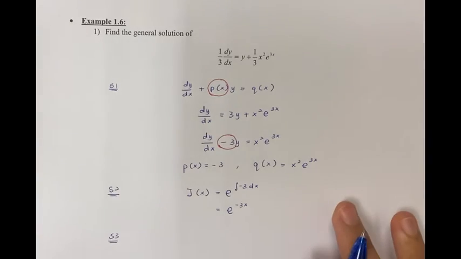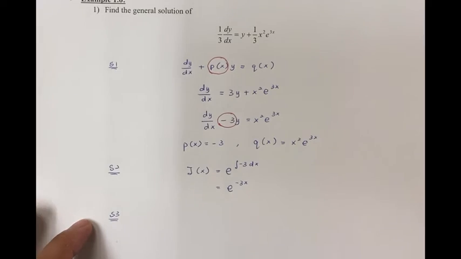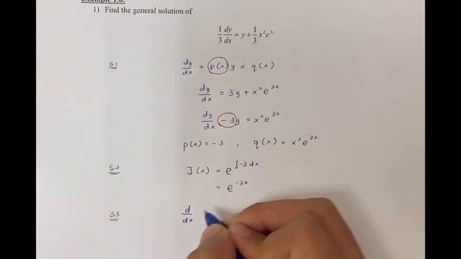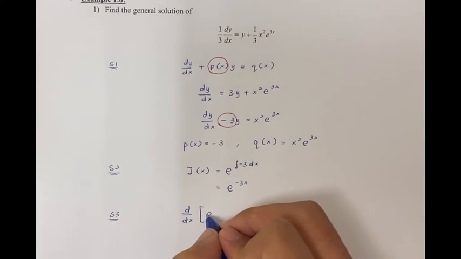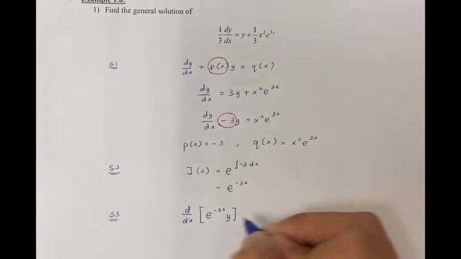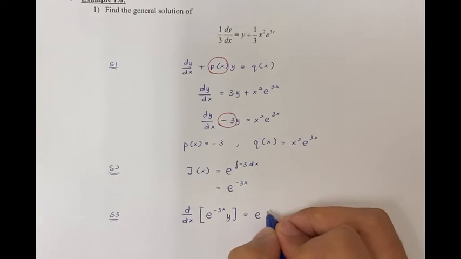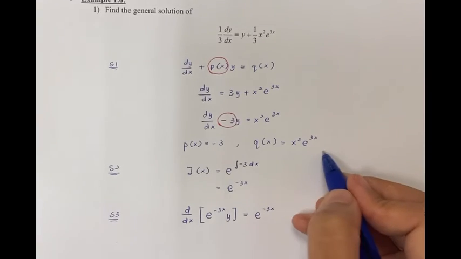So the third step, what you need to do is to just write d over dx and then substitute your integrating factor, exponent negative 3x. Do not forget your y, multiply by y, equal to your integrating factor, exponent negative 3x multiplied by qx.